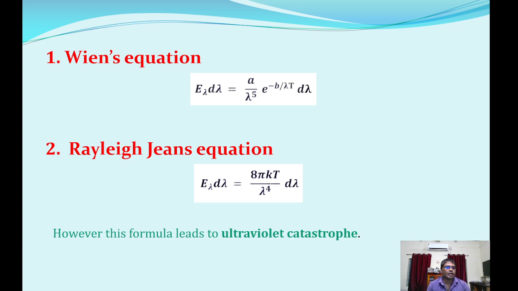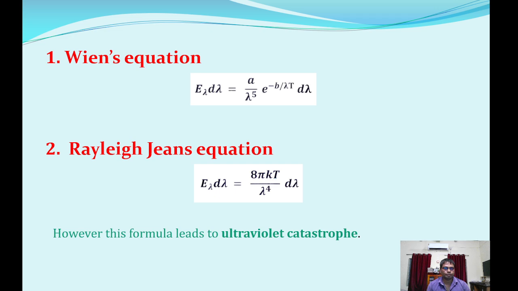Wien theoretically deduced that the energy emitted, that is E lambda d lambda, by a black body at a certain temperature T within the wavelength region of lambda and lambda plus d lambda is given by E lambda d lambda equal to A by lambda to the power 5 into e to the power minus B by lambda T into d lambda, where A and B are constants. Using this equation, a spectral distribution curve was made theoretically which fits with the experimental curve in the low wavelength region only.